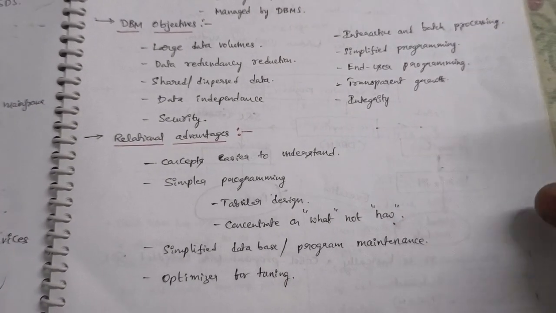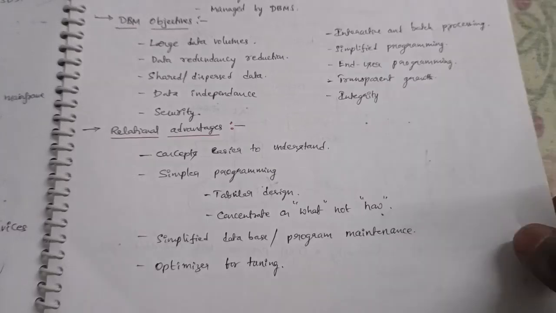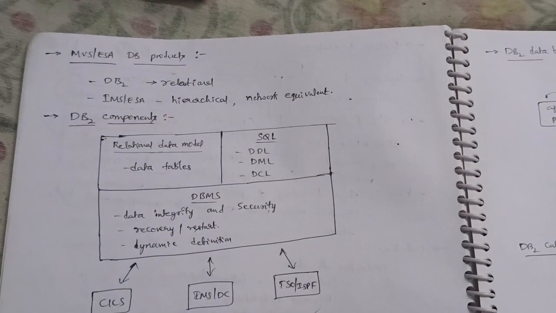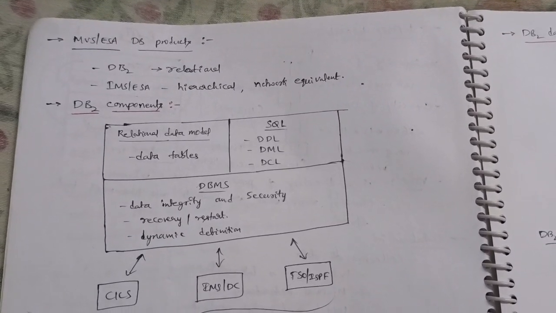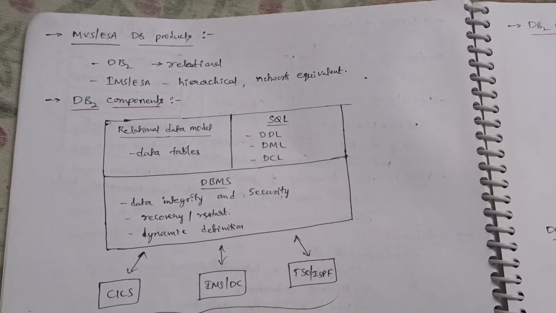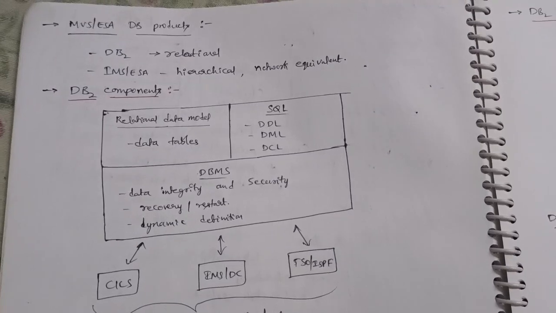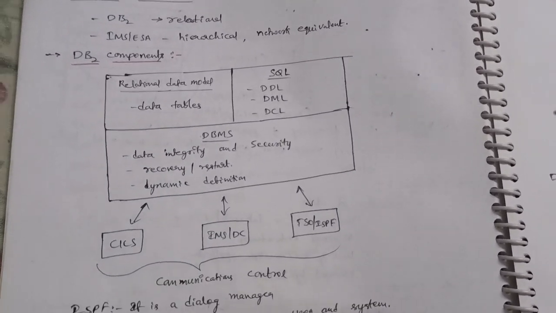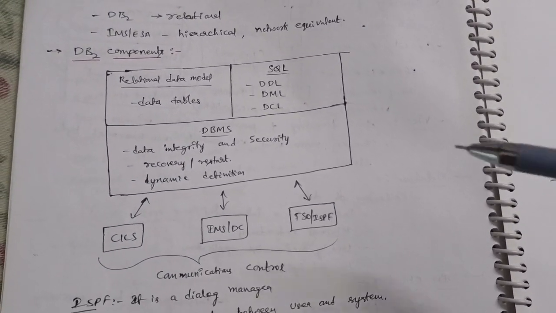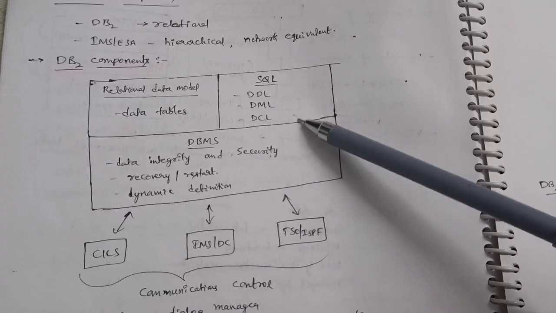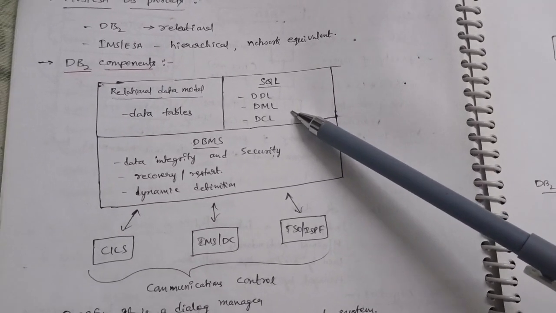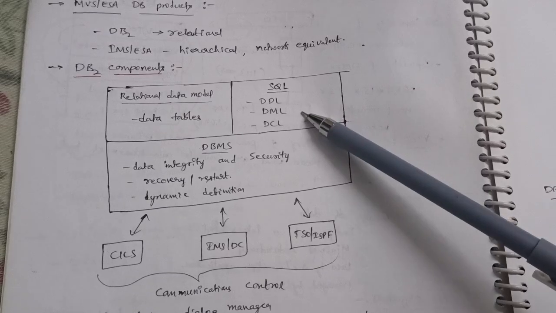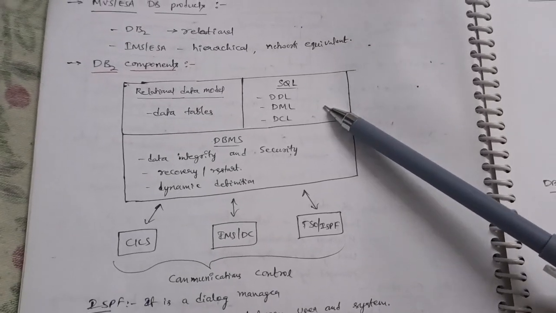We just see what data we are going to retrieve, and based on that we write the query. And DB2, we have the MVS/ESA DB2 relational database, and DB2 components, relational tables, and we are going to write the queries DDL, DML, and DCL. We will go through the database concepts and the content of each query.